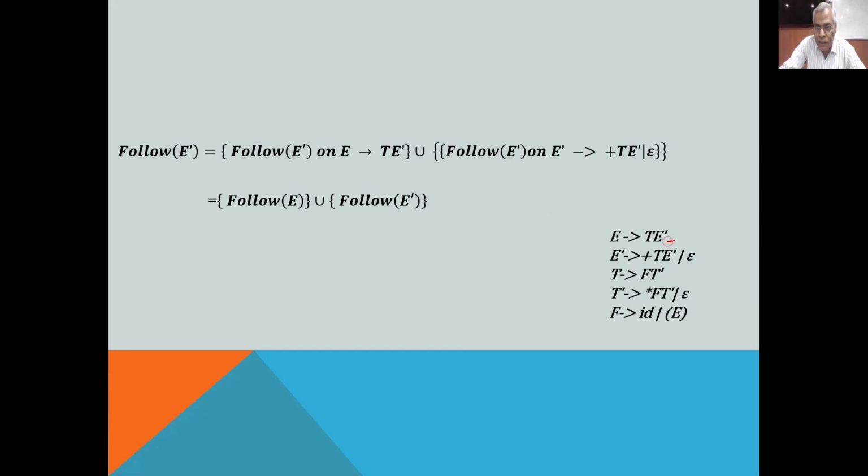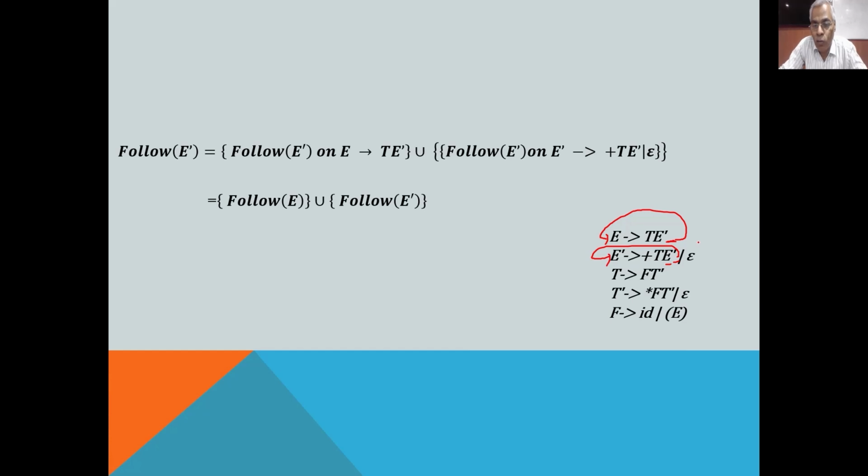Since at this place there is no other symbol, to find the follow of E dash we move to the left of this production, that is follow of this E. So I have written here follow of E union, and from this production follow of E dash, there is no other symbol to the right of this E dash, so we again move to the left side of this production.